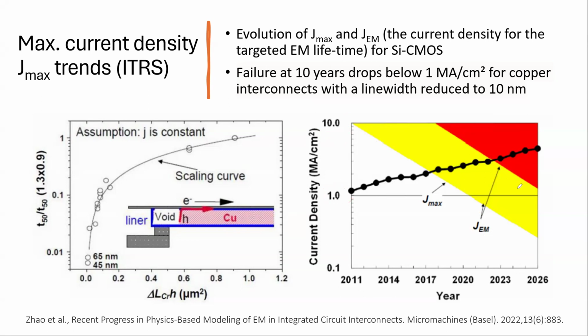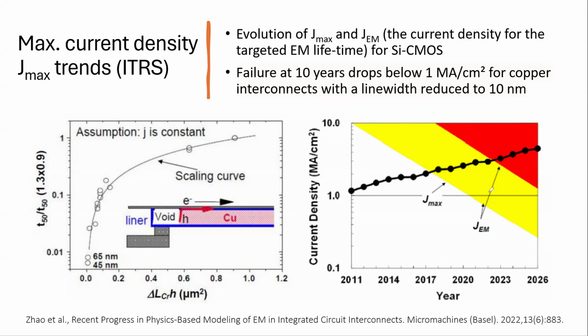In the year right now, people are talking about anything in 1 mega amp per centimeter squared. You are worried about that, right? And then the line width is reduced to 10 nanometers, because this value is simply because of scaling, not actual current but current density.